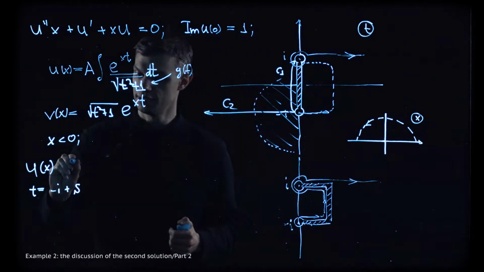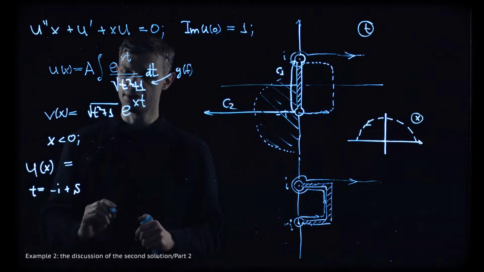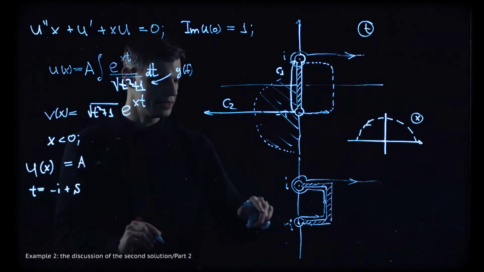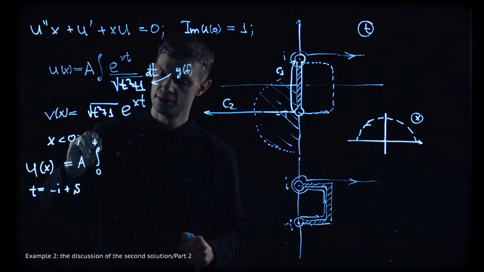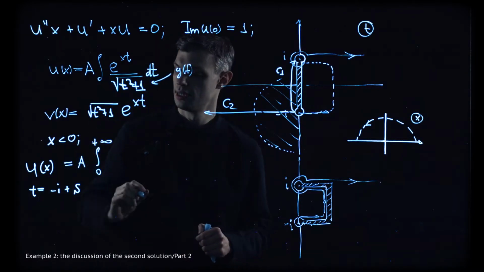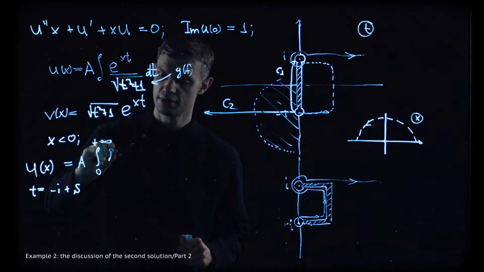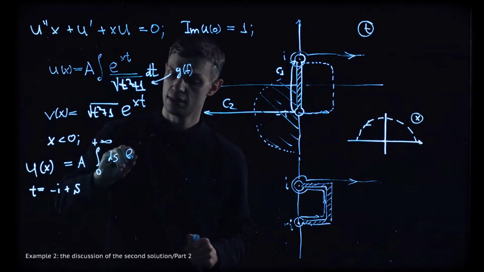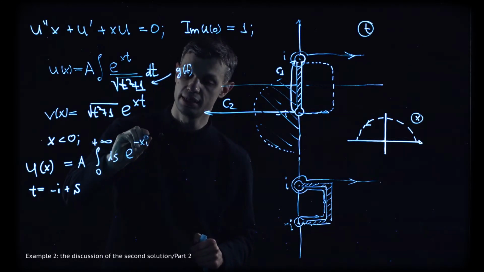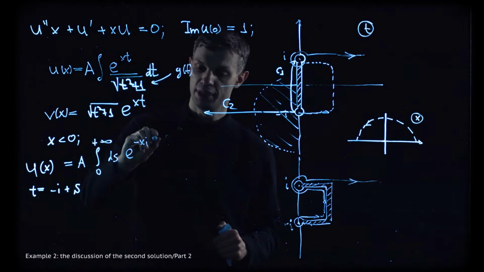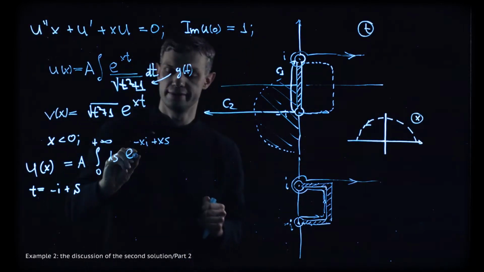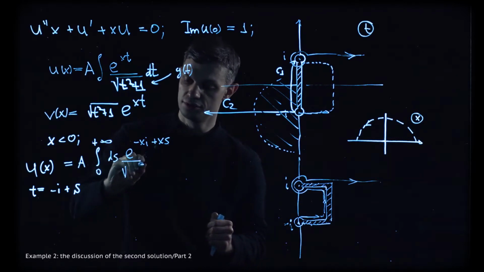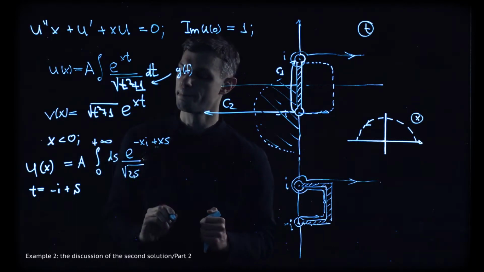Here is our integral. s changes from 0 to plus infinity. dt is equal to ds, e to the minus xi plus xs, x is negative now, divided by the square root of 2s.